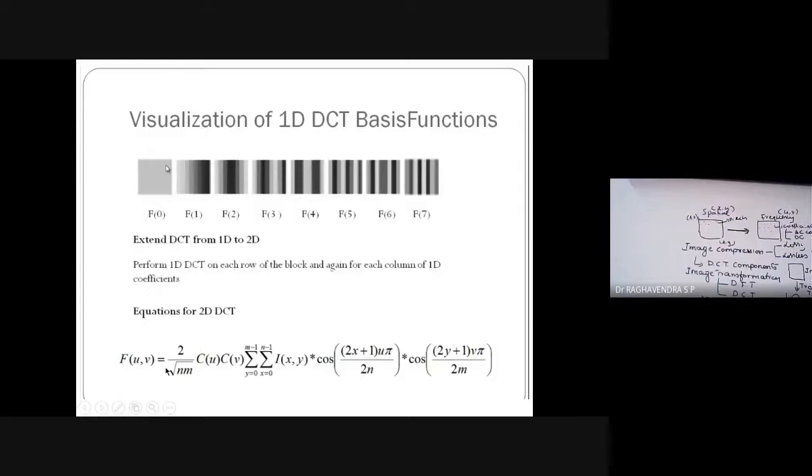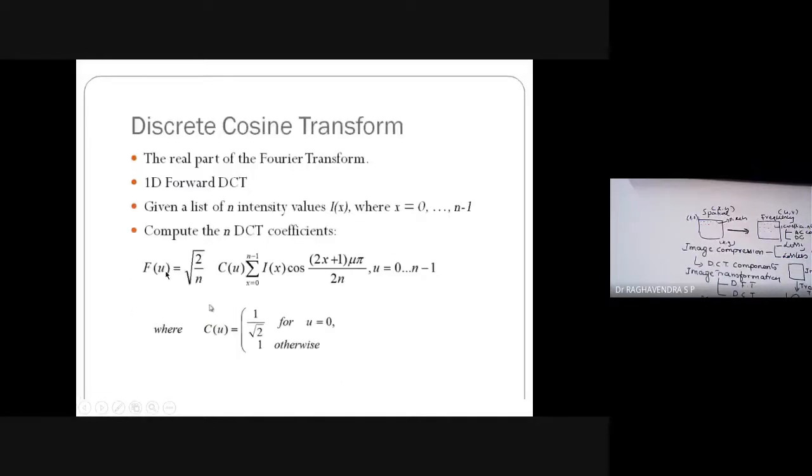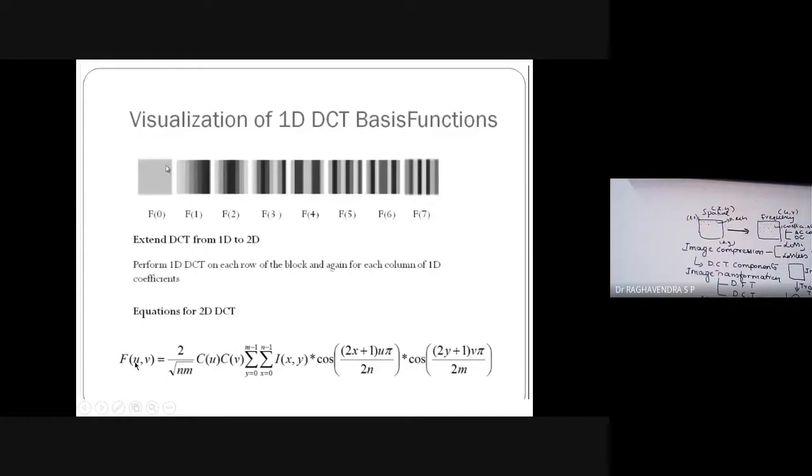So in order to perform this two-dimensional DCT, this will be the equation of the two-dimensional cosine transformation. That is F of u comma v. You can notice only F of u is present in the 1D DCT function, but this is a 2D function, that is why the v component is also present here, which is equal to 2 divided by square root of N into M. So N and M are the size of the grid. So C of u and C of v.